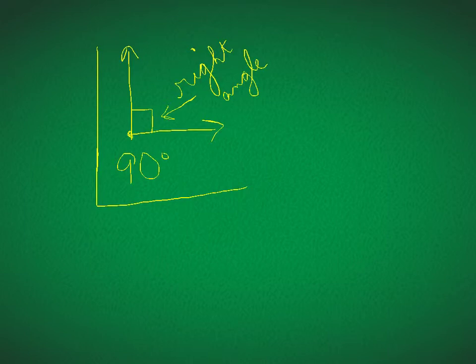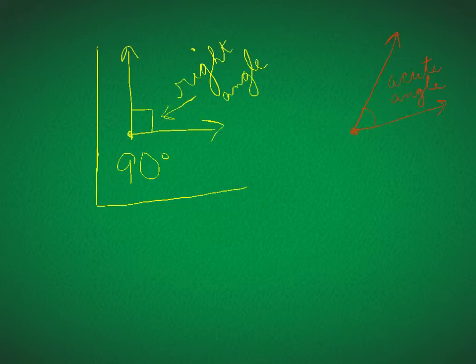Now let's take a look at another angle that's really important to remember. If you guessed less than 90 degrees, you would be correct. This is an acute angle. And you can kind of think of, oh, look at how cute that little angle is.